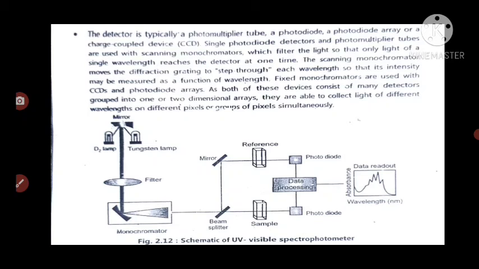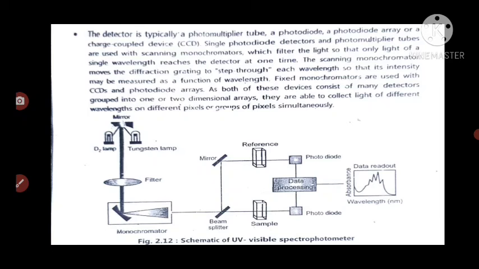For the monochromator, CCDs and photodiode arrays are used, and both of these devices consist of many detectors grouped into a one or two dimensional array, and they are able to collect the light of different wavelengths on different pixels of the group simultaneously.